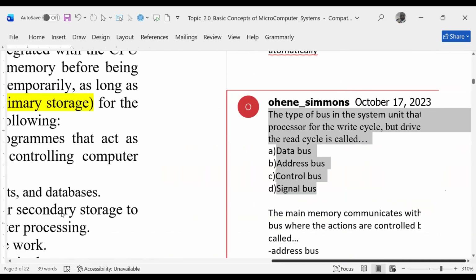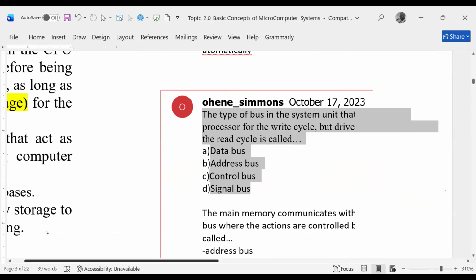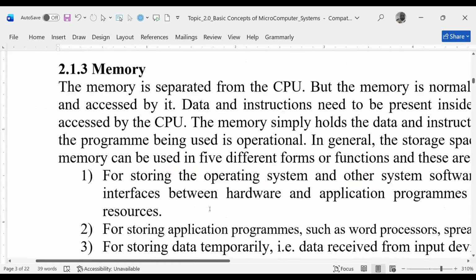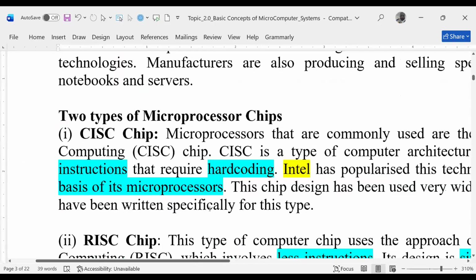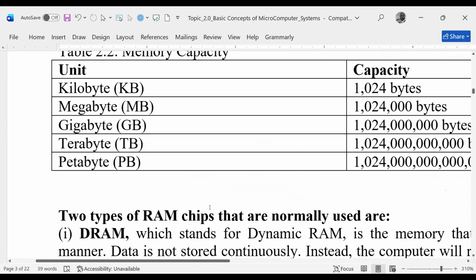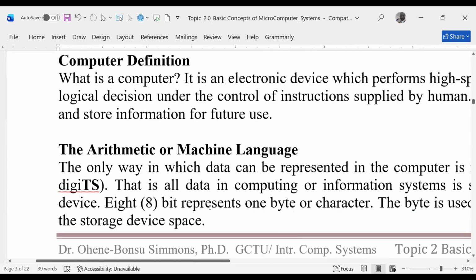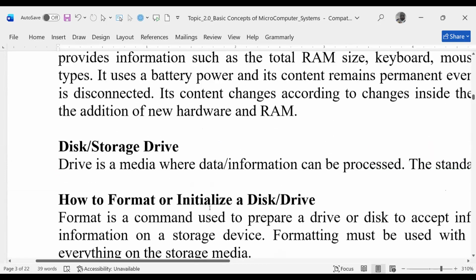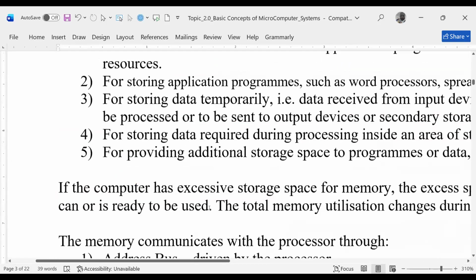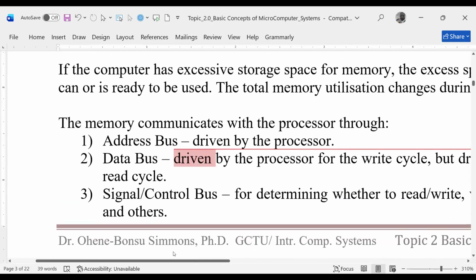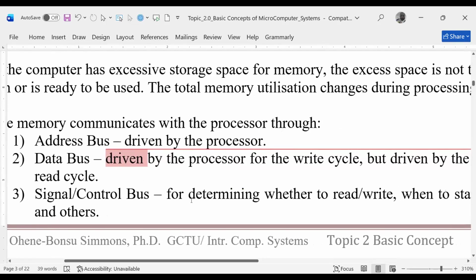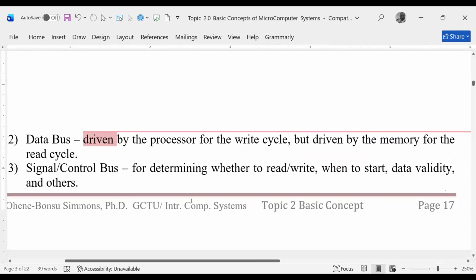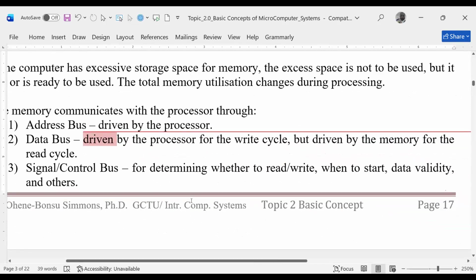The type of bus in a system unit that supports the processor for the write cycle, but is driven by the memory for the read cycle is called. Let me show you that slide and read quickly. Where we have the bus, I think it's under the memory. Tell us the answer quickly.